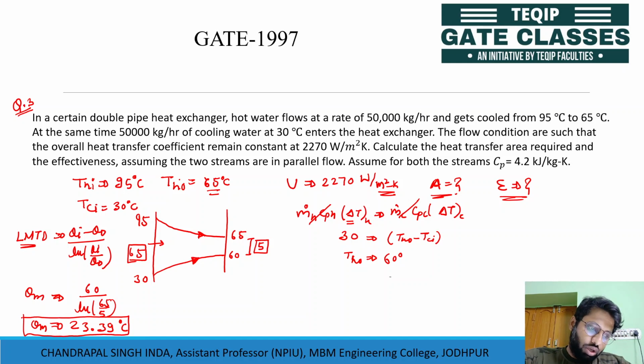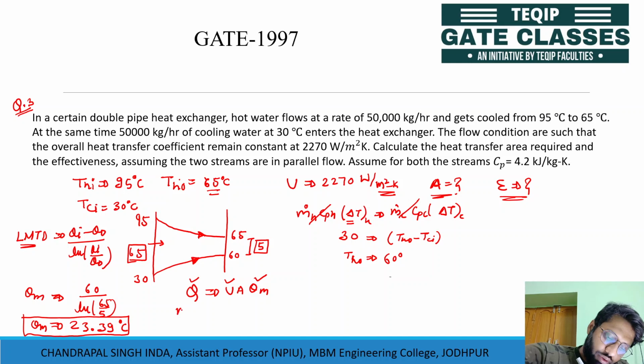We can also find the value of heat transfer, that is equal to U A theta mean. We have U and we have theta mean, and we can also calculate the heat transfer through the heat exchanger. That will be equal to m dot h cph delta T h, equal to U A theta mean, so area can be found.